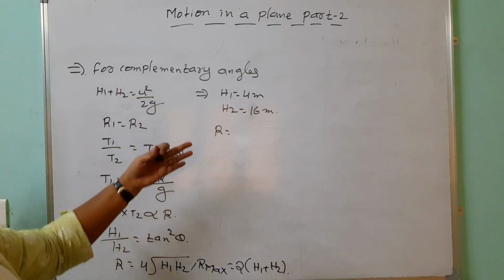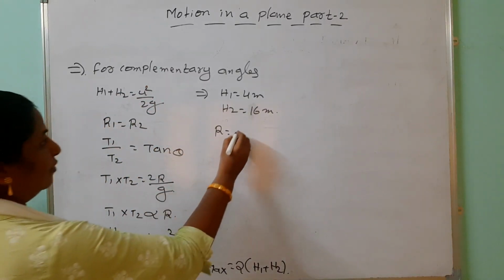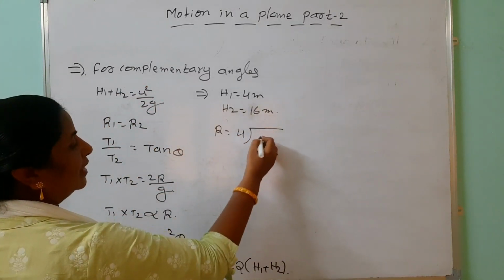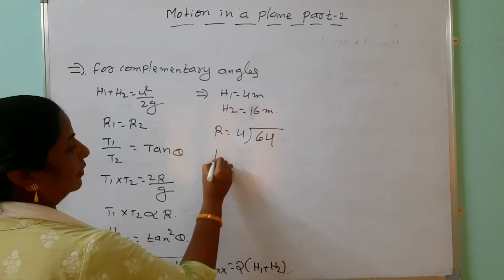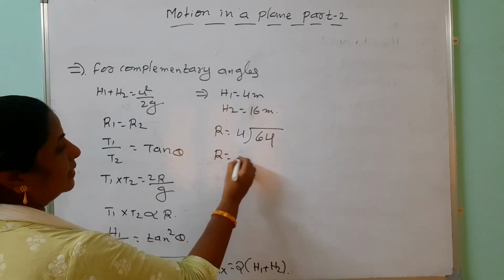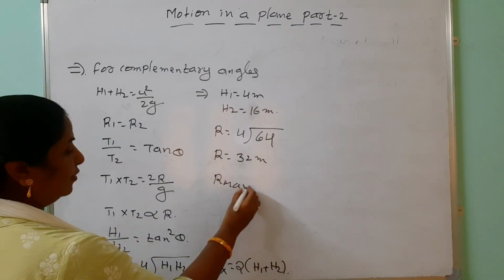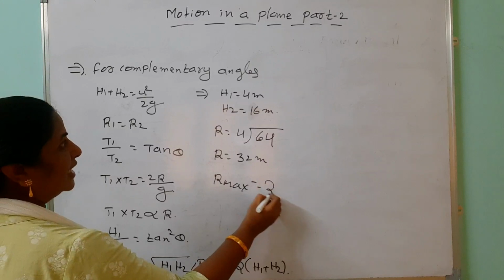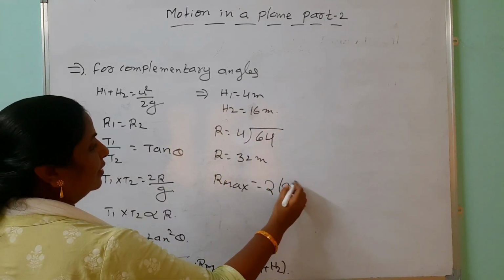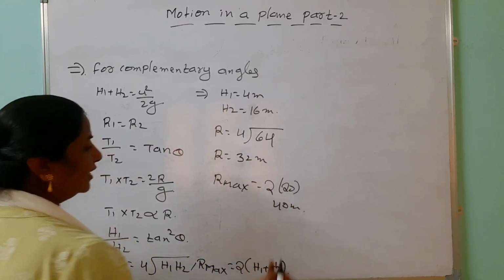For this range, how to find out? Direct formula: 4 into under root h1 into h2. This is 64, so the root is 8. Our answer is 32 meters. Like that, how to find the maximum range? 2 into h1 plus h2 is 40 meters. Like that you can find out.